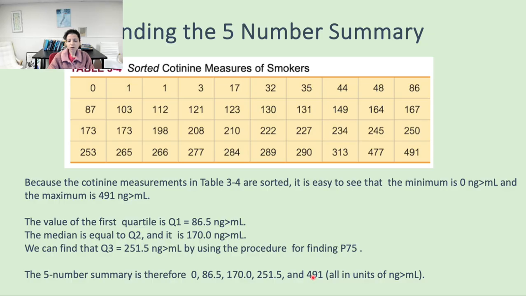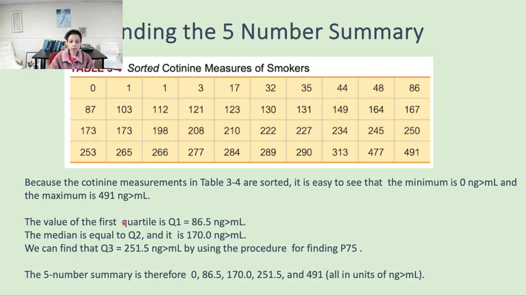Our first quartile, if we use the same process as finding the percentile, we're looking for the 25th percentile, so remember we have to find L: 25 divided by 100 times 40, because we have 40 values, gives us our locator. Then we decide if the locator is a whole number or a fraction, and we can use that method to find our value.